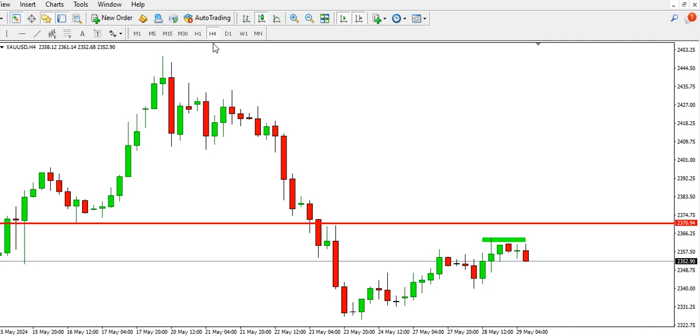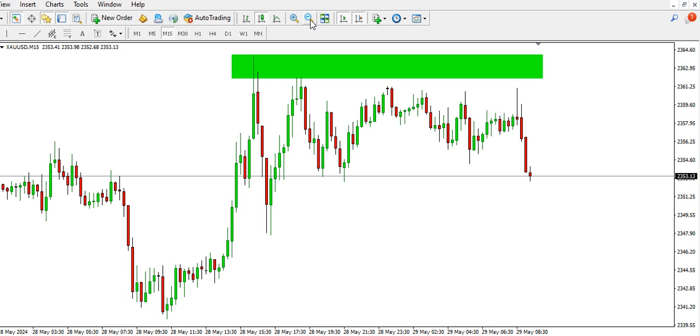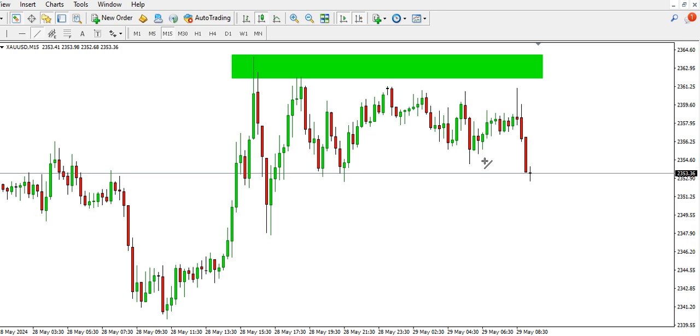Now on the 15-minute time frame, you can see that after ranging for some time, price has started to tip. We can see this particular triangle. A triangle was formed, and we have an initial break above to deceive the buyers. Then we can see price finally dropping.